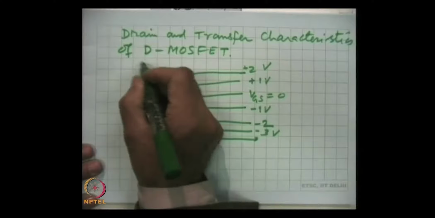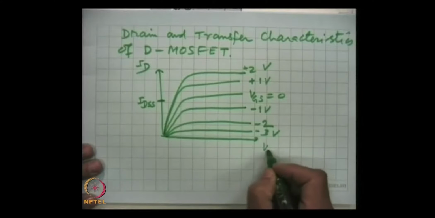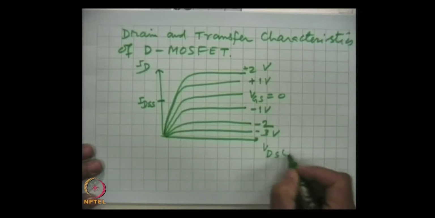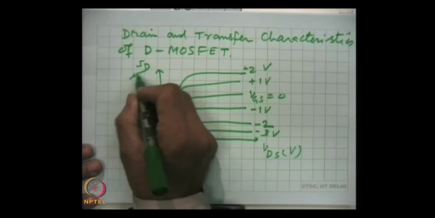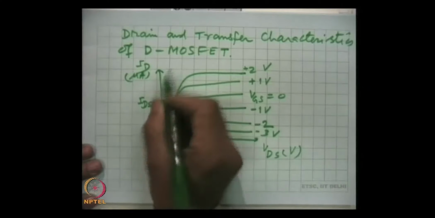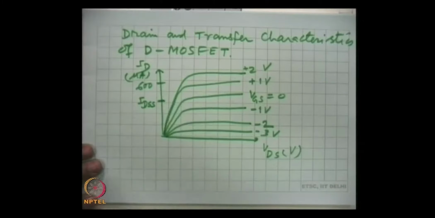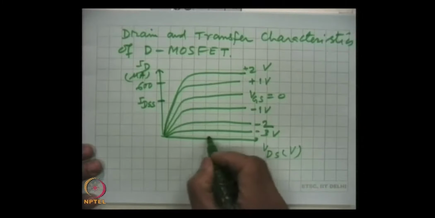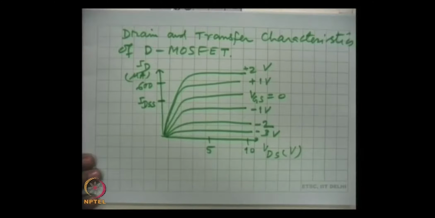So, this is drain current and this is VDS, this is in volts and this is in microamperes or milliamperes, and this may be, for example, somewhere here for a particular device 600 microampere, this may be 5 volts, 10 volts and so on. So, these are the characteristics.